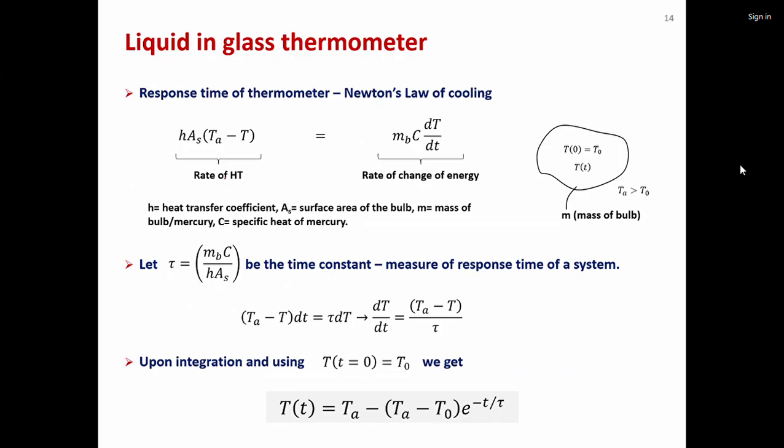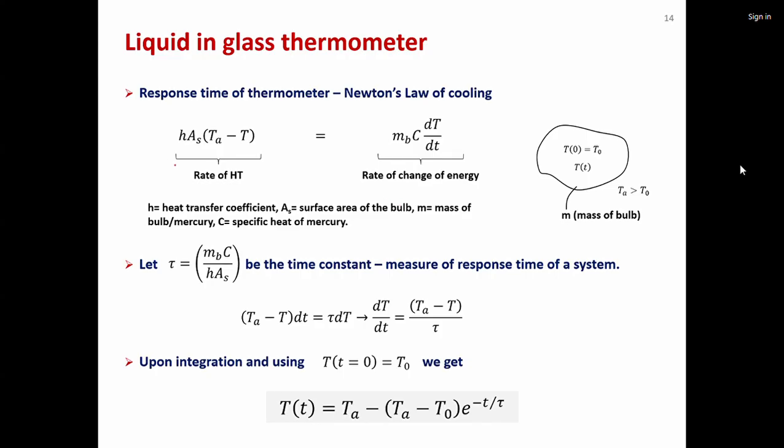So let's say this is the thermometer bulb, which is at some initial temperature T0. Let's say it is exposed to an ambient which is at a higher temperature than the initial temperature T0. So there is going to be heat flowing into this system, and the temperature is a function of time, T as a function of time.